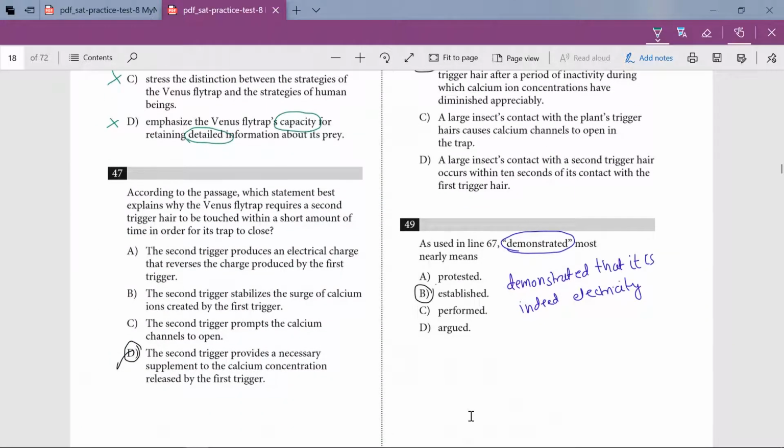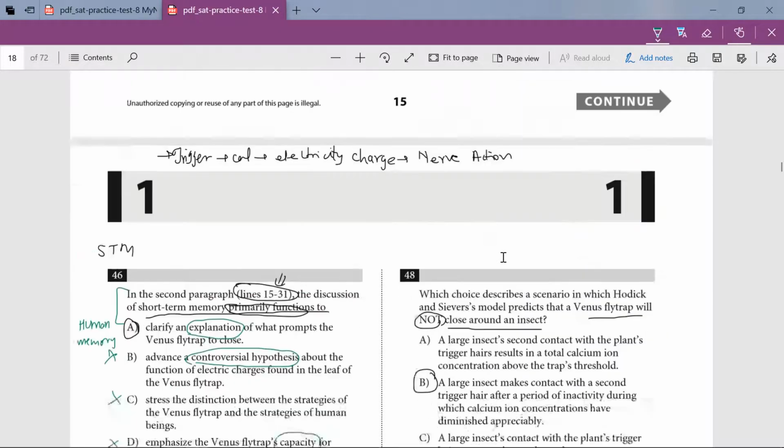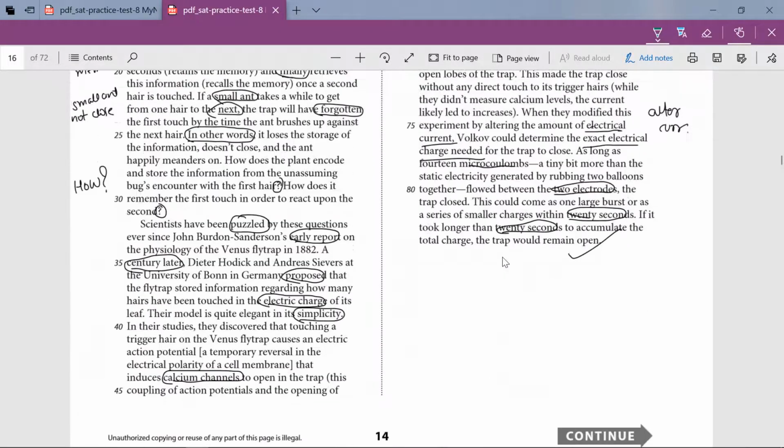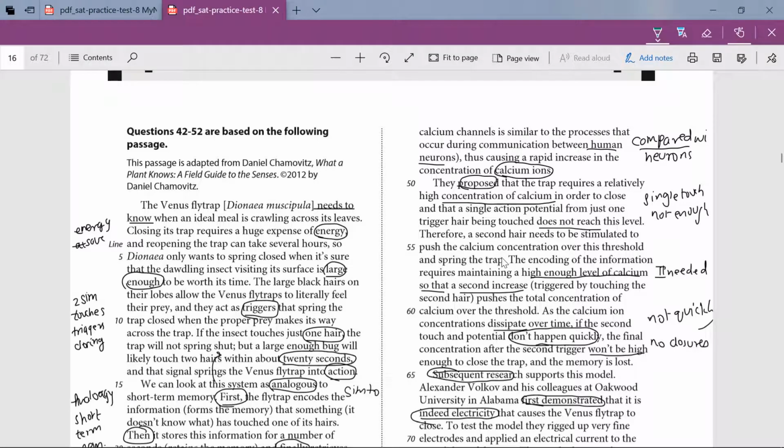So this is the test paper, the question number 49, as you can see. Now, demonstrated means what? Here I've already marked the answer actually, but just to demonstrate how to get this, I will not read the options here. As used in line 67, demonstrated most nearly means. So I'll go back to the test paper where line 67 is there.